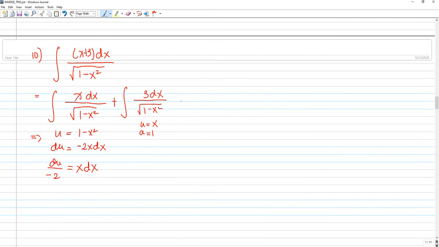So that we can simplify it. So what will happen? We have x dx. X dx here would be du all over negative 2, all over the square root of u. Okay, plus I can factor out 3 outside of the integral sign. Integral of, the derivative of u is du equals dx, simply dx.